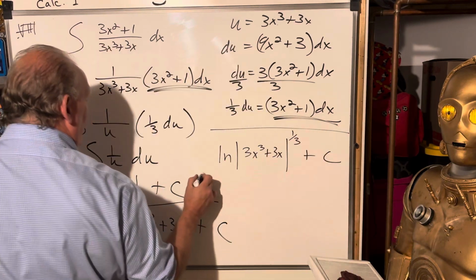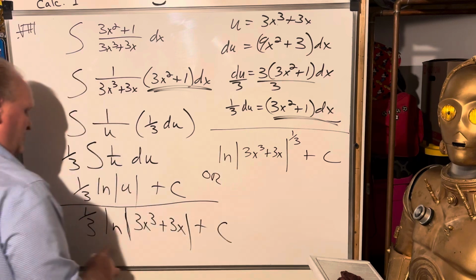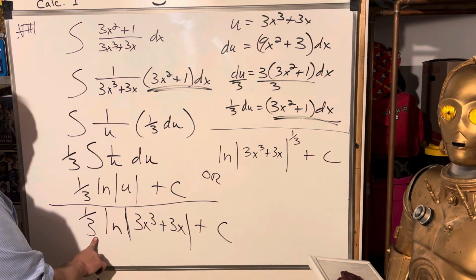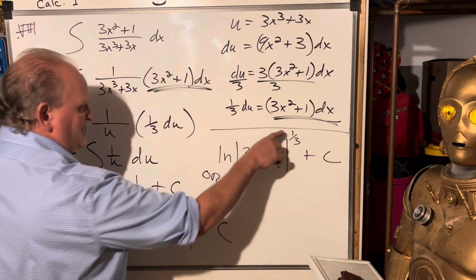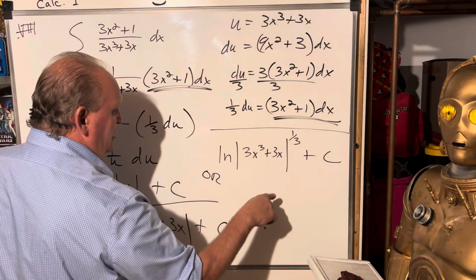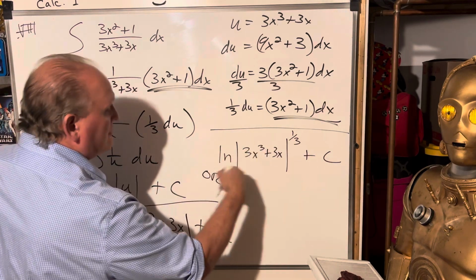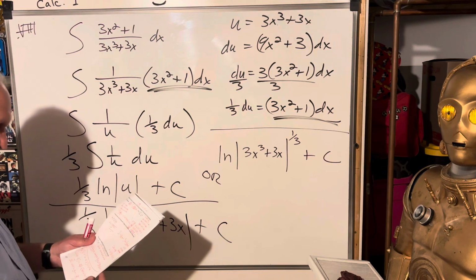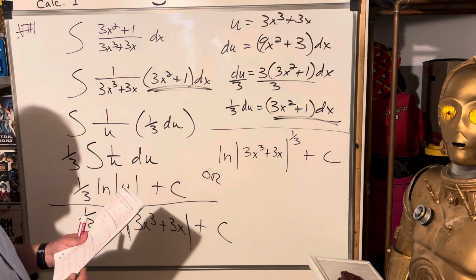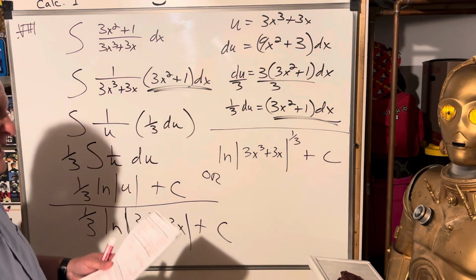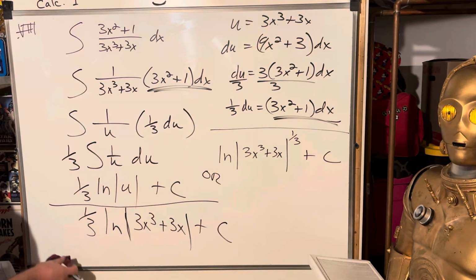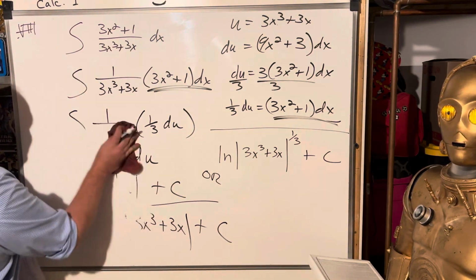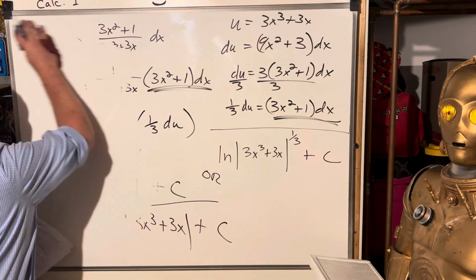This is also okay. You don't have to do this, but that's okay. Because remember, whenever we have a number out in front of the natural log, you can pull that up as a power. So that really could be the cube root of the absolute value of that. But you sure don't have to have it like that. But you could. Keep it simple, silly. Just leave it like that, I think, is the way to go for our Calc 1 class.